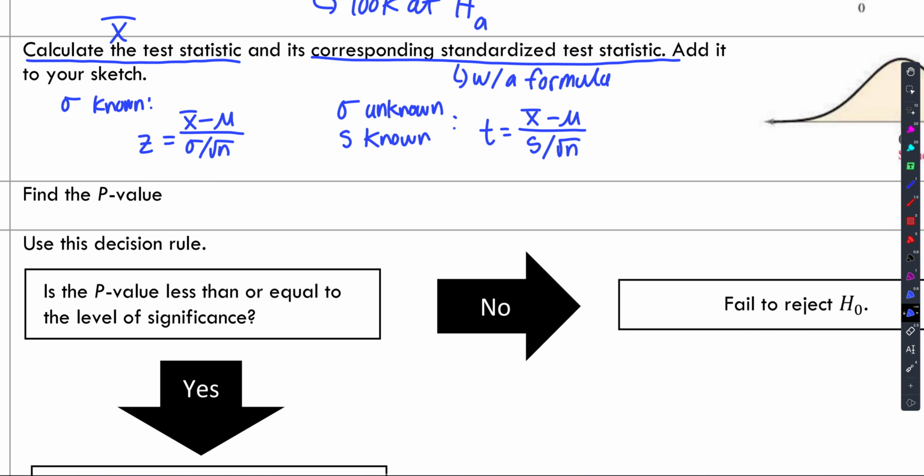All right. Then you find the p-value. This is just the area of the tail, or tails, because we do have one that has two tails on it, right? Okay, so once you have found your p-value, then we're ready to make a decision.